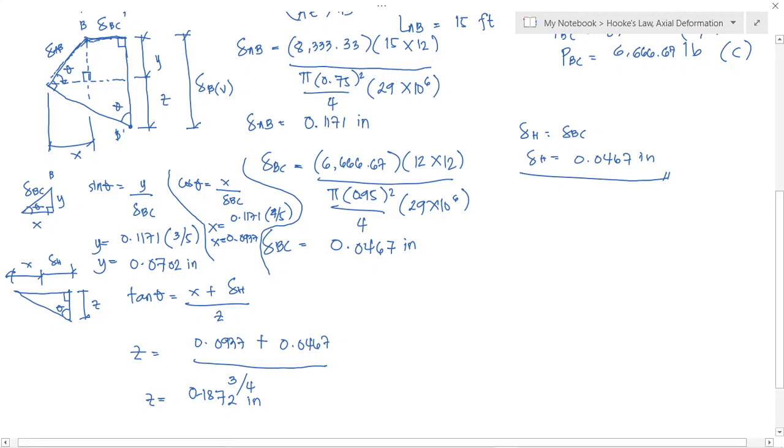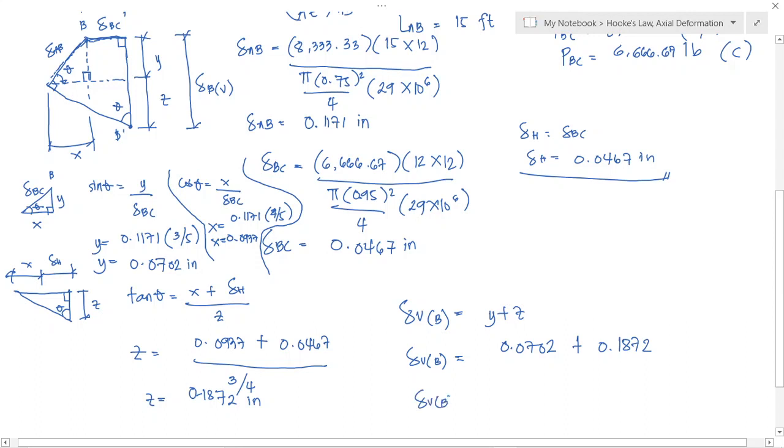Okay, so therefore we have the value of vertical movement ng B equivalent to y plus z. Since we have already the magnitude or the values of y and z, kindly substitute 0.0702 plus 0.1872.